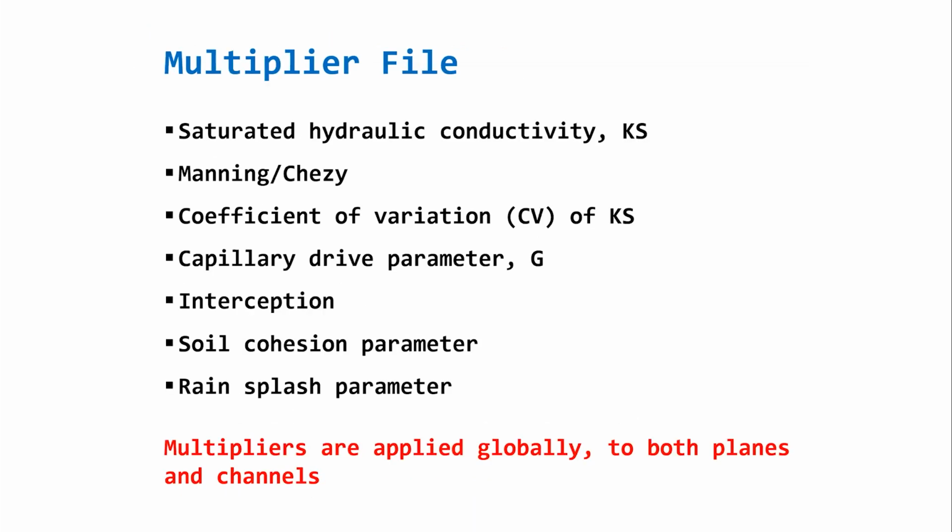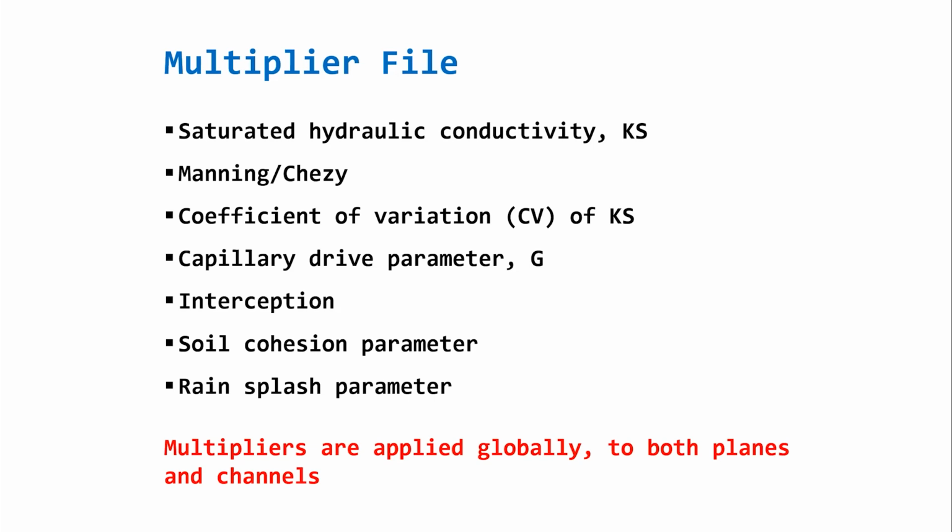So what's a multiplier file? This is the case where, and we use this in calibration typically, instead of trying to change the saturated hydraulic conductivity on each individual element, we're assuming that the relative spatial differences in KS are captured by the soils data and the land cover data.